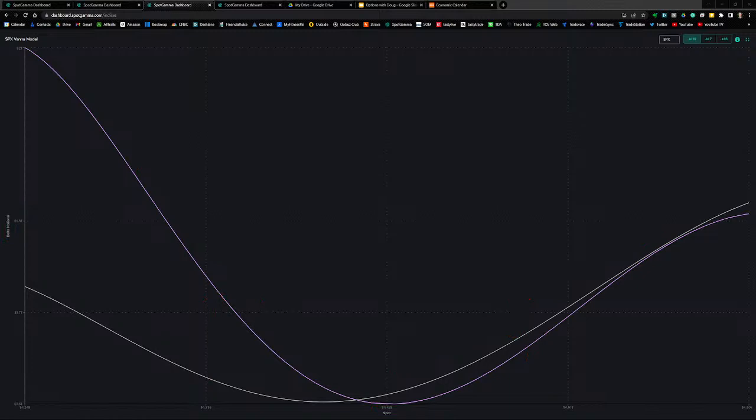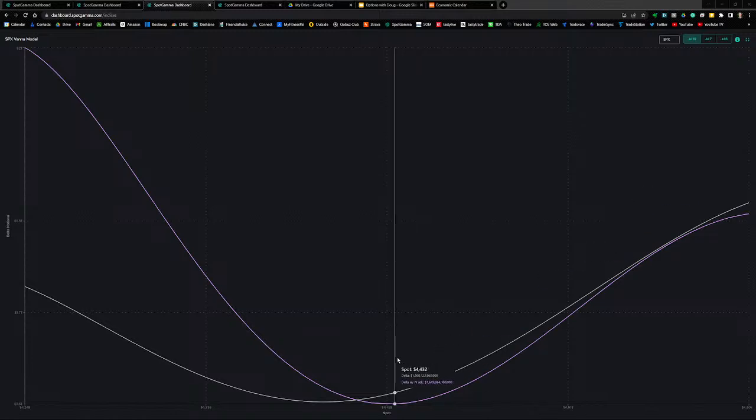Let's take a look and see where SPX is trading now. Give me just a moment to grab a watch list. So right now, SPX is trading at 4403.